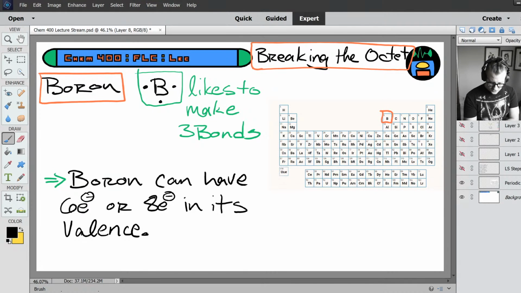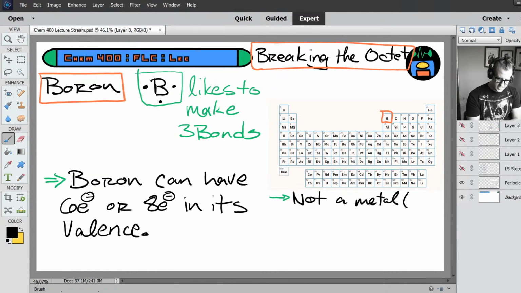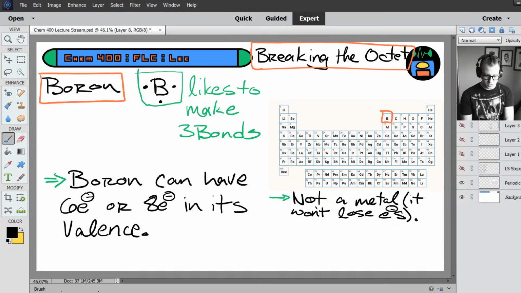And the reason, if you look at it, boron is not a metal, right? So when you are wondering why it behaves like this, it's not a metal, which means it won't lose its electrons. It's not going to lose electrons to drop down to helium's electron configuration.